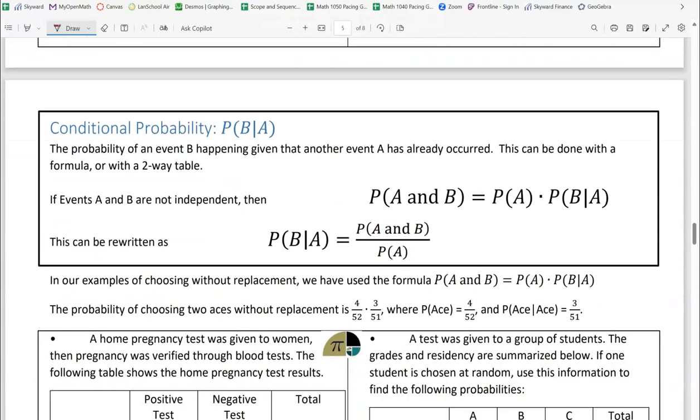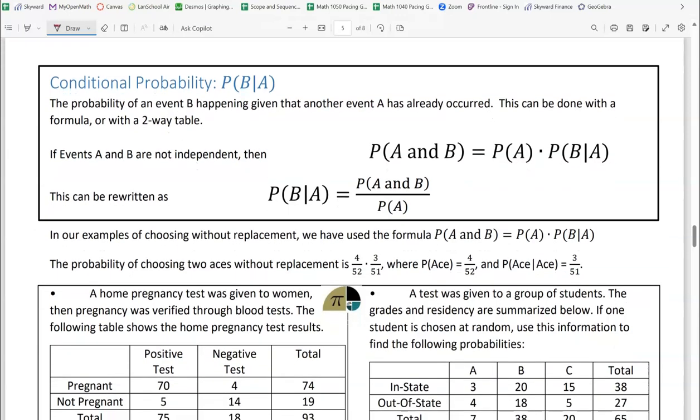Okay, so now we're going to talk about conditional probability. With conditional probability, a lot of times we have a table, sometimes we don't. We've kind of already done conditional probability a teeny bit. So if we look down here, when we were choosing something without replacement, like the probability of picking 2 aces without replacing one, we would have 4 out of 52 for the first one, right?